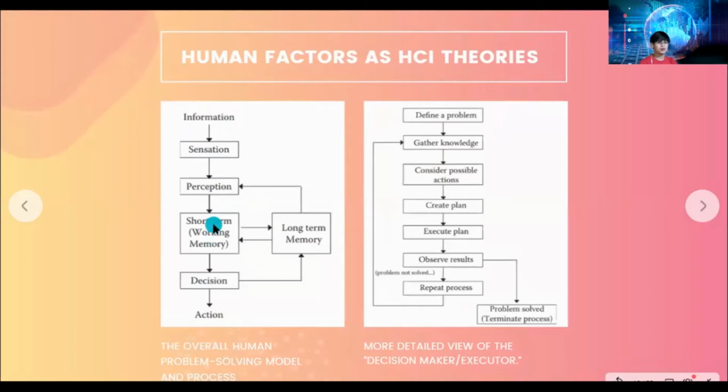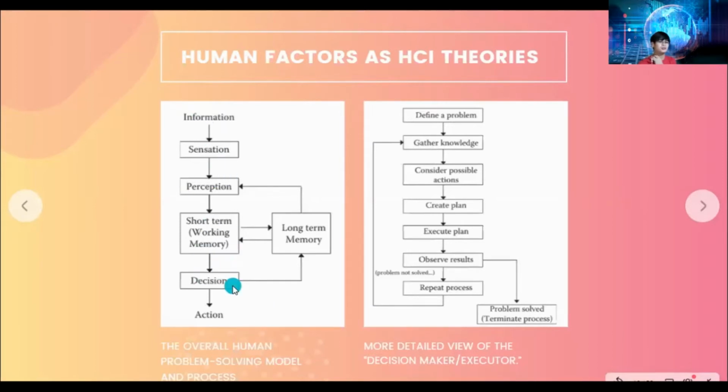It goes to the short-term memory, and then goes back and forth to the long-term memory, and also back to your perception. Because of that perception and short-term and long-term memory, we make a decision, and after making a decision, of course, we take an action.